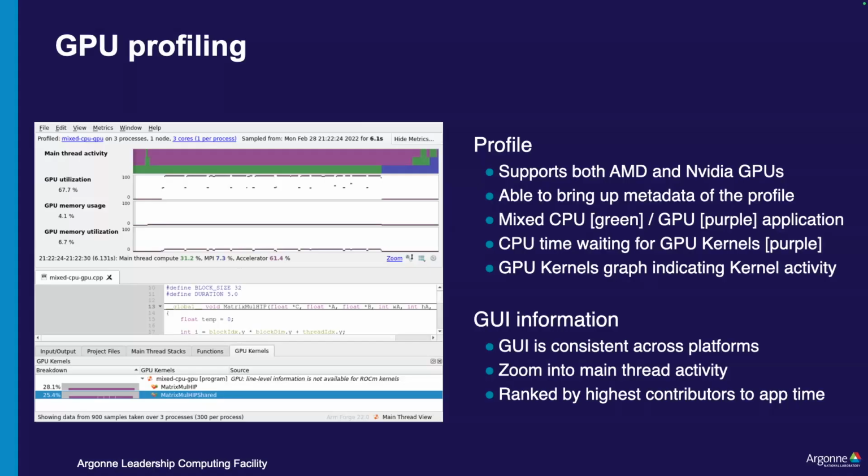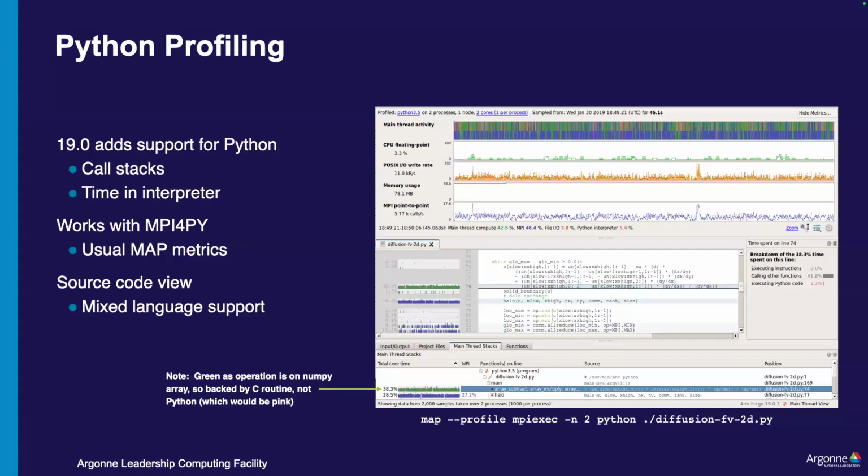And as we can see from the main thread activity, we have GPU utilization as well as GPU memory utilization. Towards the middle of this application, it's utilizing quite a bit of the GPU, but there's a bit in the beginning and a bit in the end that's not being utilized. It could just be setting up and tearing down, but it's the middle bit that's doing a lot of GPU type operations.